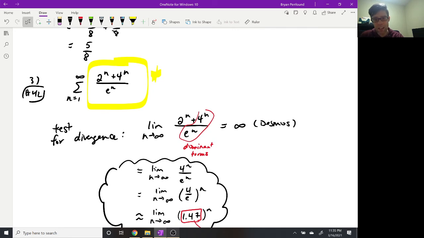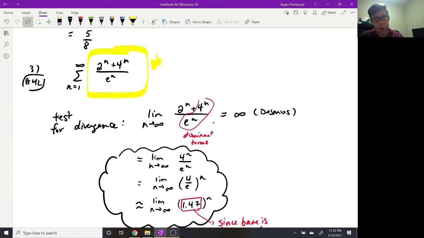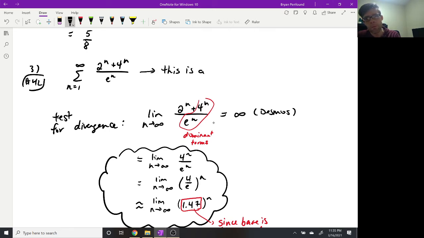So just based on that limit, I know that this is going to be divergent. If this limit doesn't tend towards 0, I automatically know it's a divergent series. We're not going to be able to associate a sum with this because the terms that we're adding are just getting too big at the end.